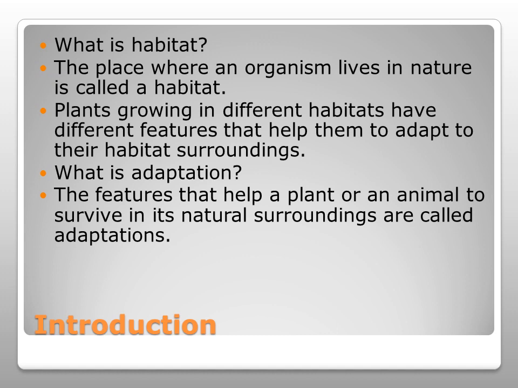For example, a camel lives only in the desert, not in normal land. Why? Because it has long padded feet, big eyelashes, and a hump on its back, which helps it survive without water. These are all special organs that adapt the camel to live in the desert.